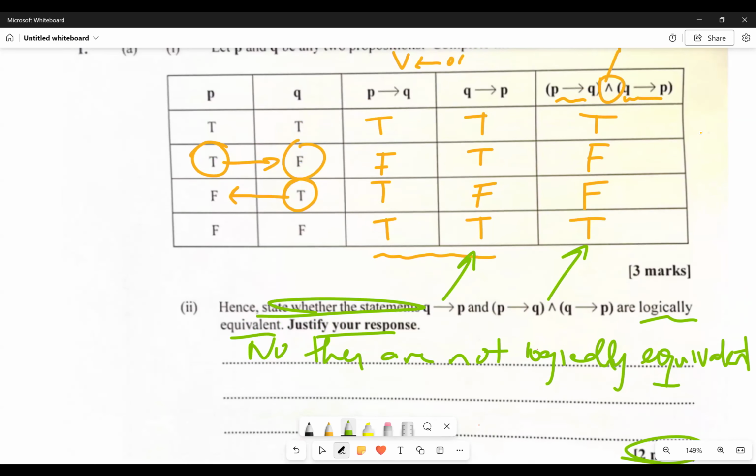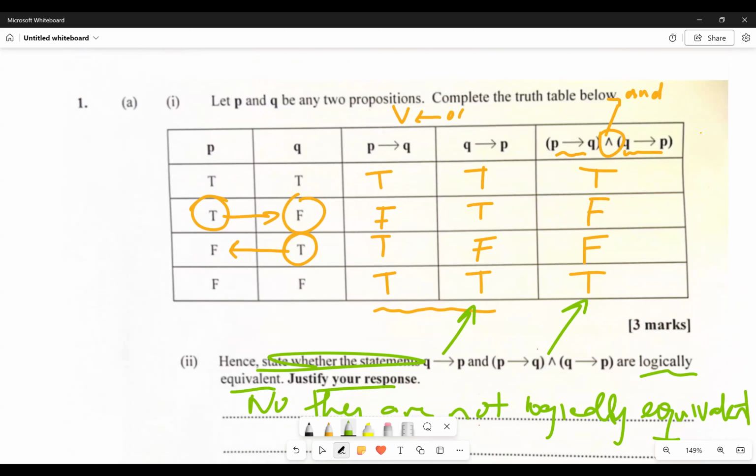Why did you say that? Well, it's simple. Look at both columns. They do not match.